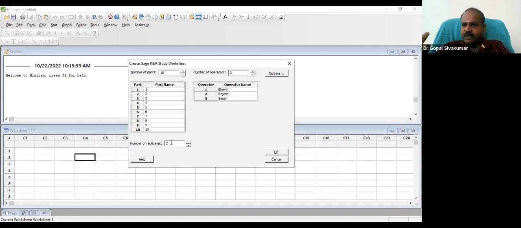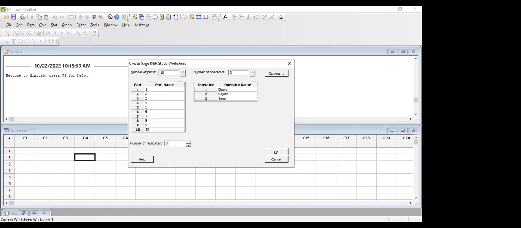Ultimately, we want our data to be accurate. For that, our data must first of all be precise. So replication can be 2, or replication can be 3. It depends on the time, because accordingly the number of experiments will increase. Shall I keep it 3? Yes, sir.